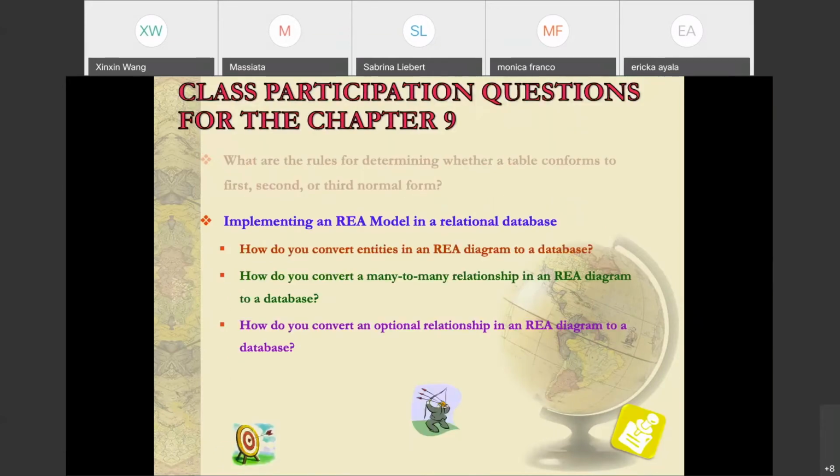The next part of the lecture, the main focus of this lecture, is for us to understand how to implement an REA model in a relational database, how the conversion works, and how you do that in reality.